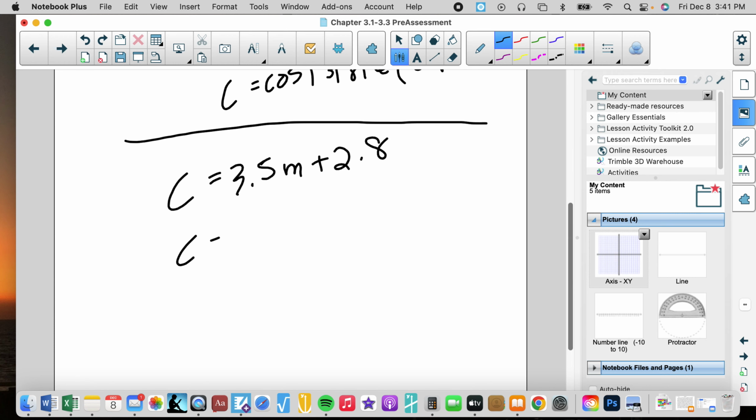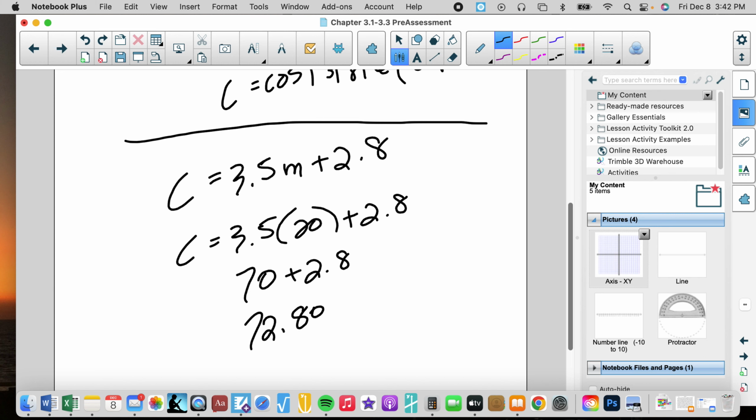So M equals 20, since I want to travel 20 miles. That's going to be 70 plus 2.8. So it's going to cost me $72.80.